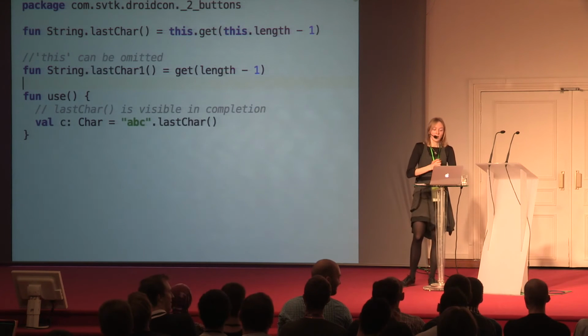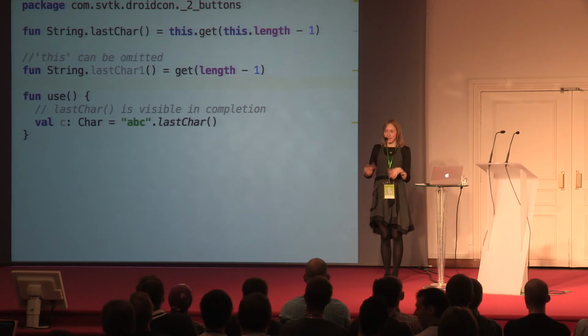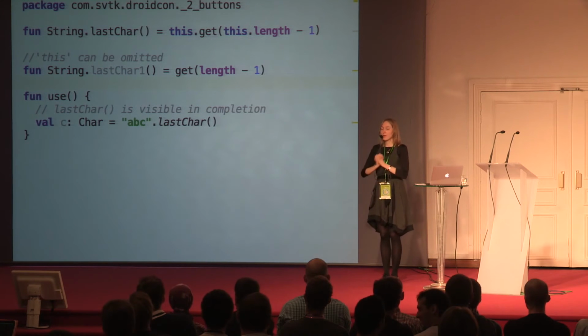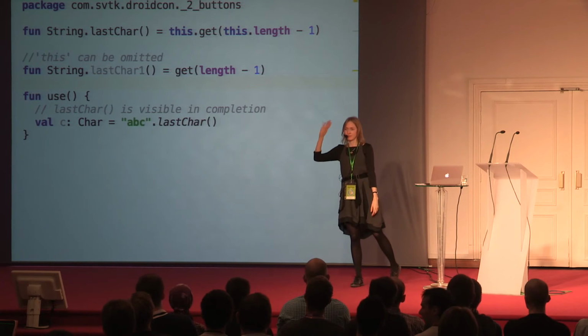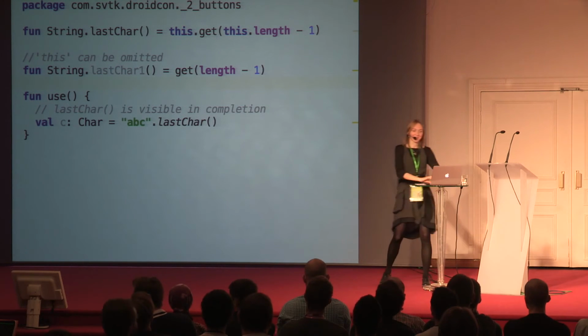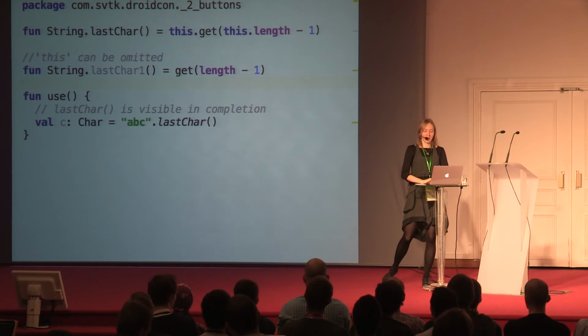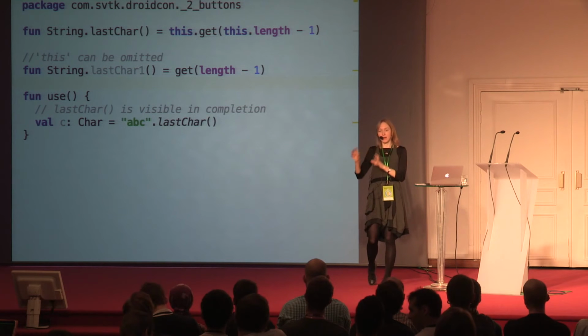In Kotlin, we have this concept of extension methods. Maybe you're familiar with the same concept in C#. Anyone? Okay, no C#. The idea is that you can extend a class with a method.